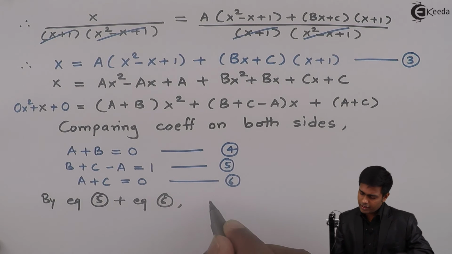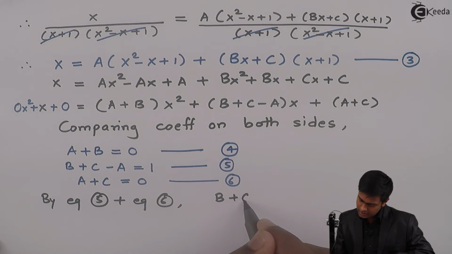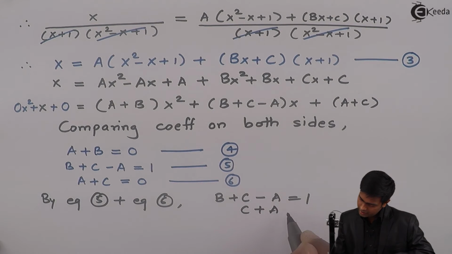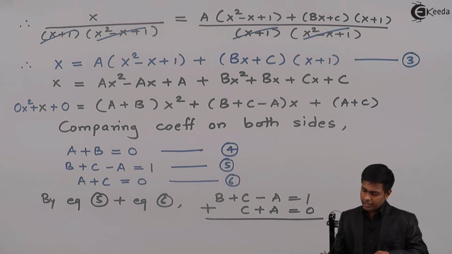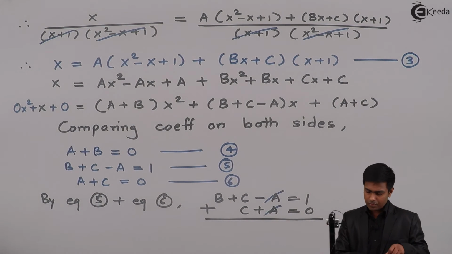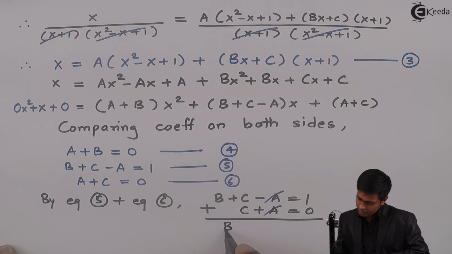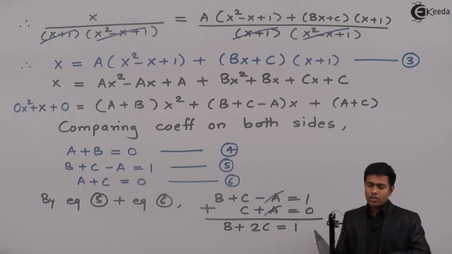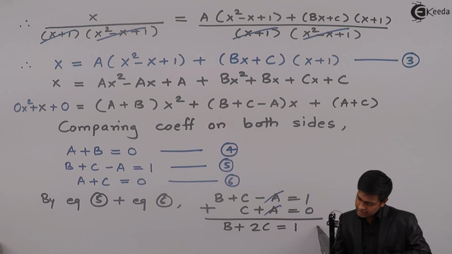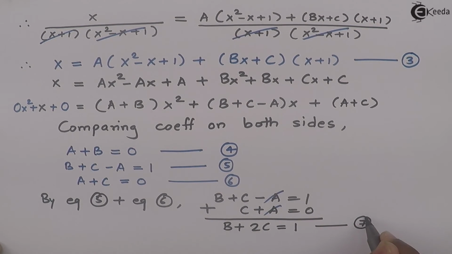We have b plus c minus a equal to 1, and equation number 6 is c plus a equal to 0. By adding, we cancel minus a and plus a, and we will get b plus 2c equal to 1. So I'll say this is equation number 7.